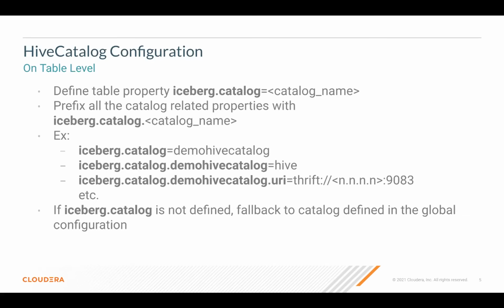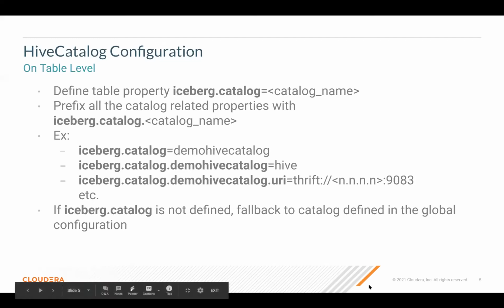There are some cases when the iceberg.catalog is not defined in the table, then we fall back to the global configuration, and we use the catalog configured there. That is what I wanted to say, and this concludes my part of the presentation. And I would like to hand it over to Marton.